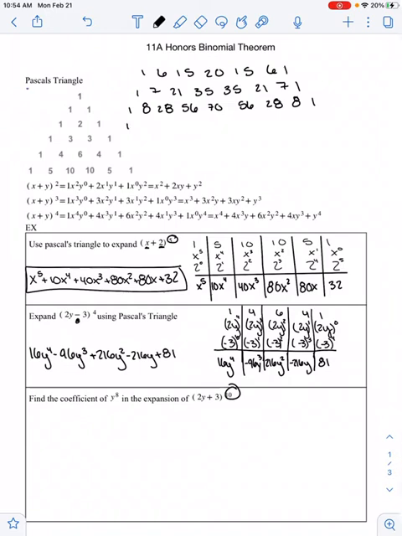Then we would have 1, 9, 36, 84, 126, 126, 84, 36, 9, 1. Then 1, 10, 45, 120, 210, 252, then 210, 120, 45, 10, 1.